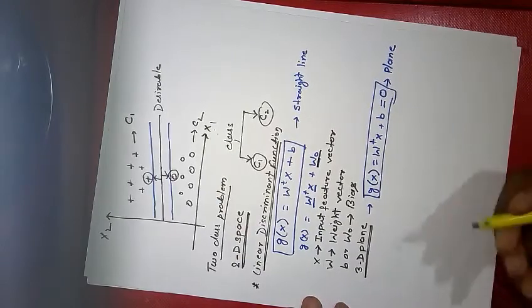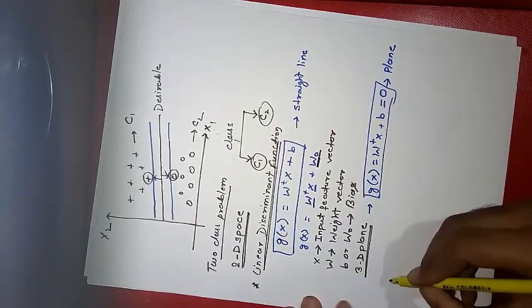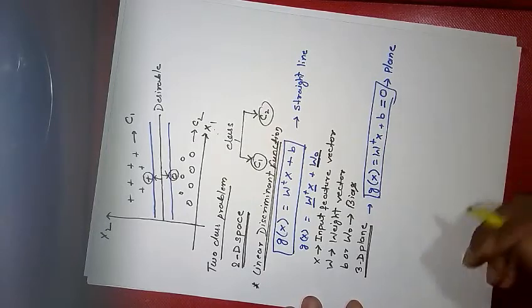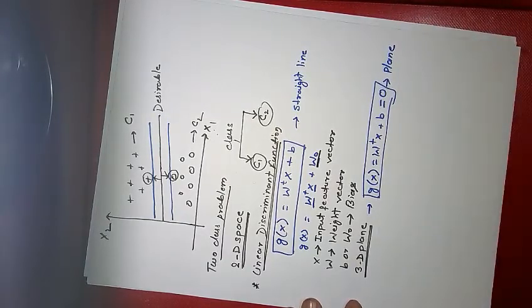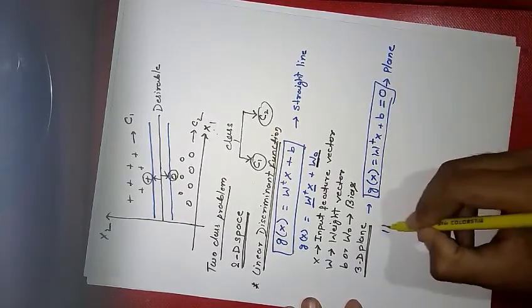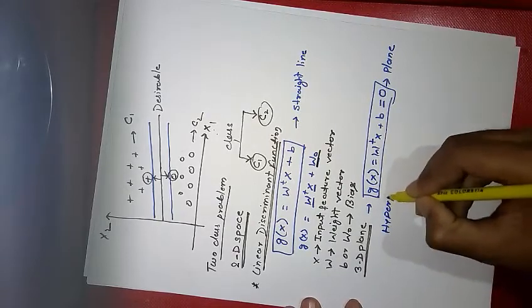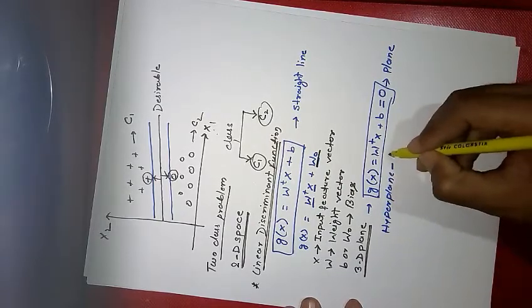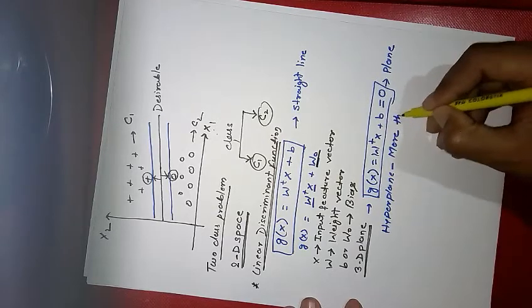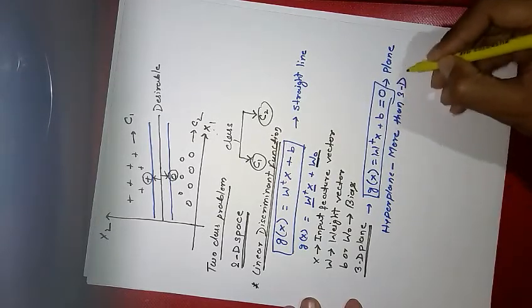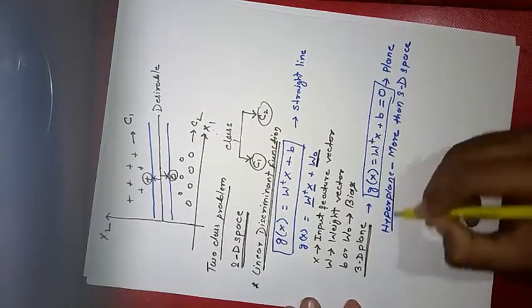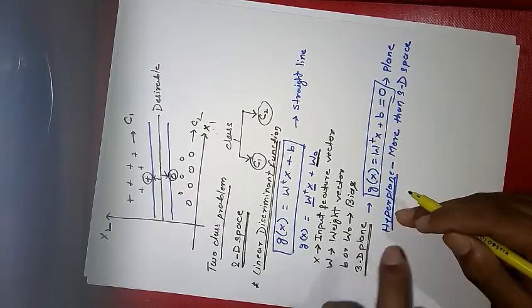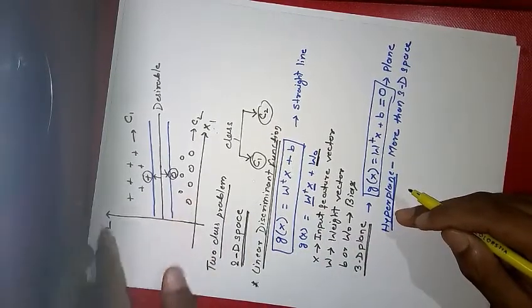And if we use more than a three-dimensional plane, then in place of plane we use hyperplane for more than three-dimensional space. The equation will represent the hyperplane, and hyperplane will classify the two classes.